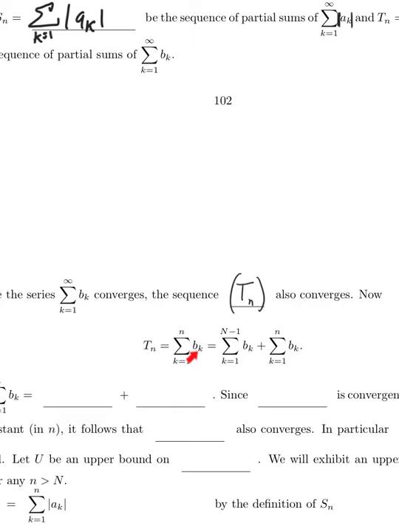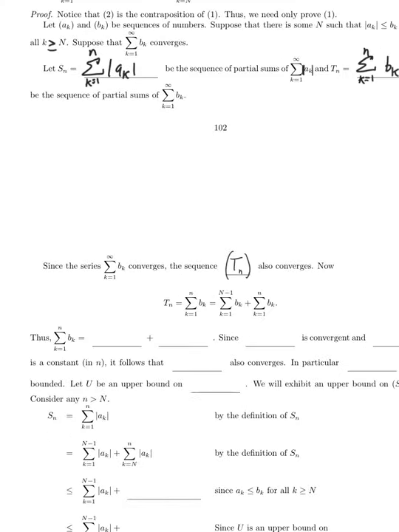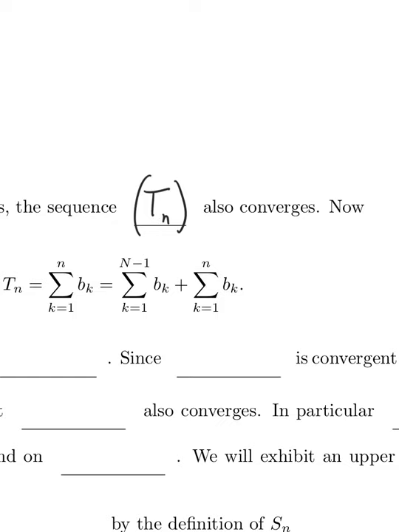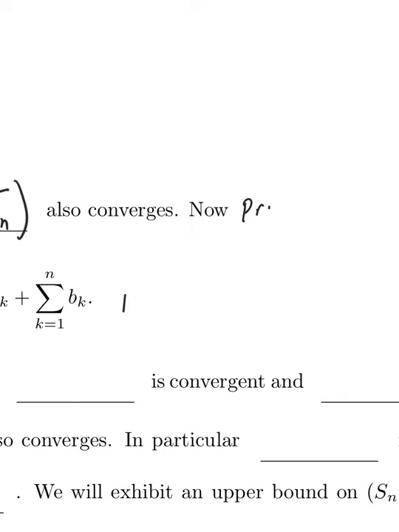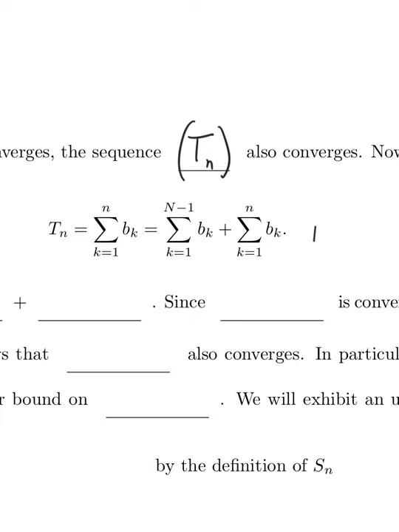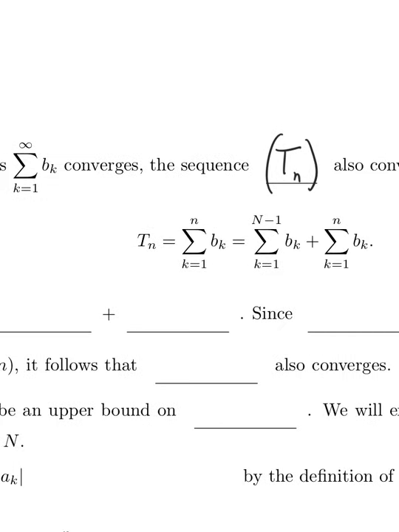Now I can break this up a little bit, provided that little n is bigger than big N. We get the sum from k equals 1 to n of b_k can be written as the sum from k equals 1 to big N minus 1 of b_k, plus the sum from k equals big N to little n of b_k.